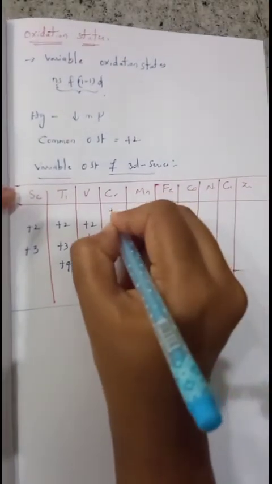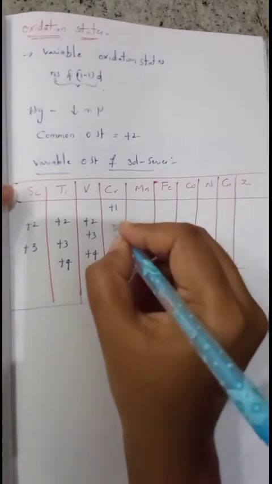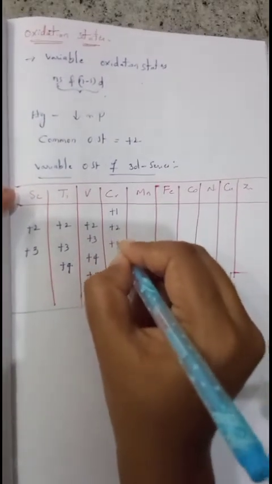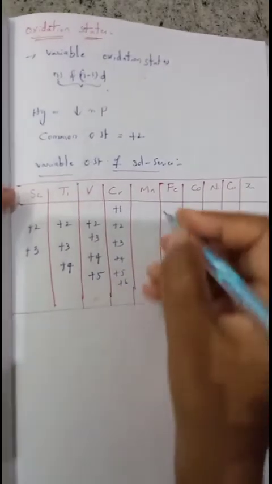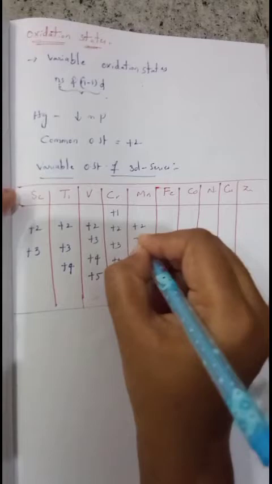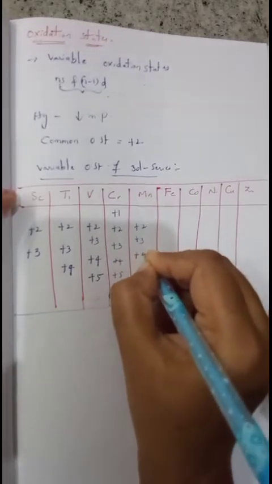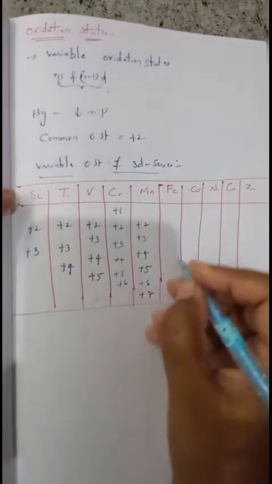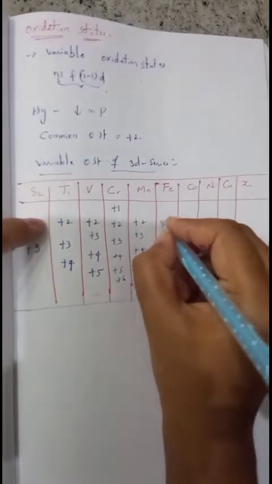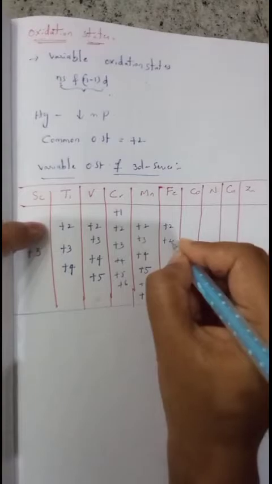Chromium starts with +1 oxidation state and can show up to +6. Manganese starts with +2 and can show oxidation states up to +7. Iron can show oxidation states from +2 to +6.